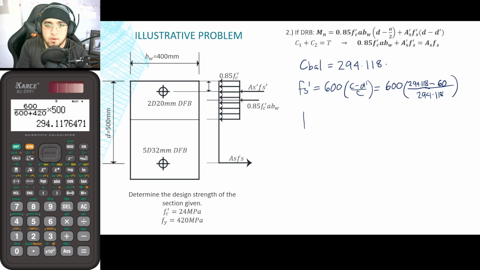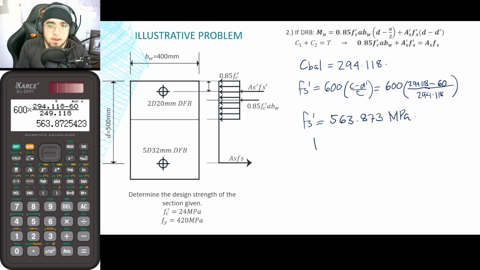So Fs prime is now equal to 600 times (294.118 minus 60) divided by 294.118. The value of Fs prime is now equal to 563.873 megapascal.